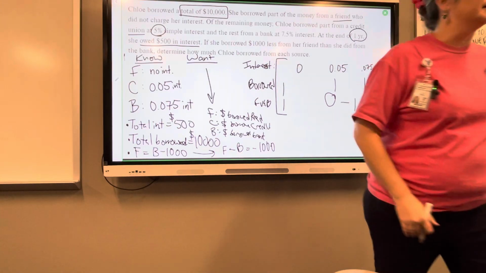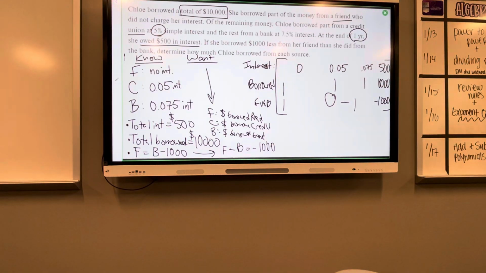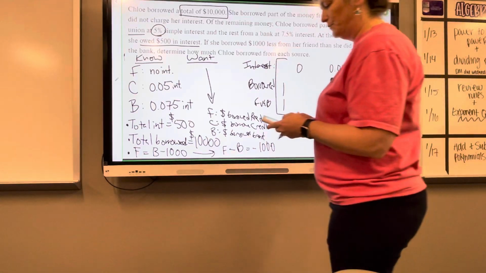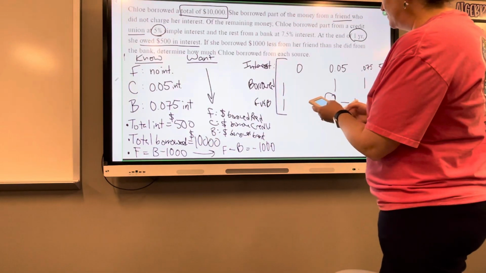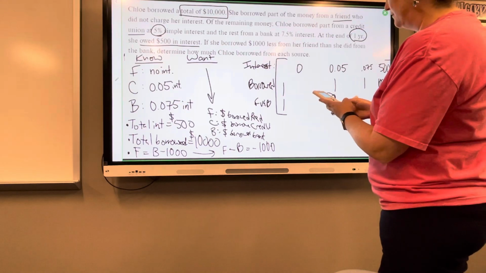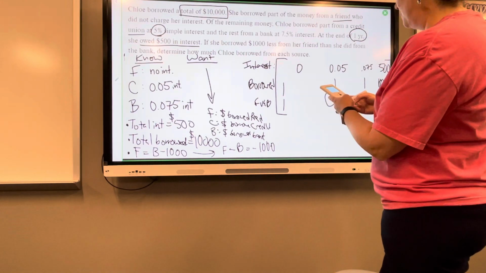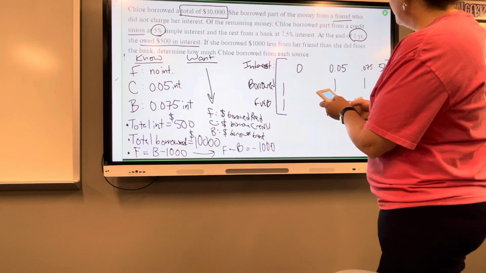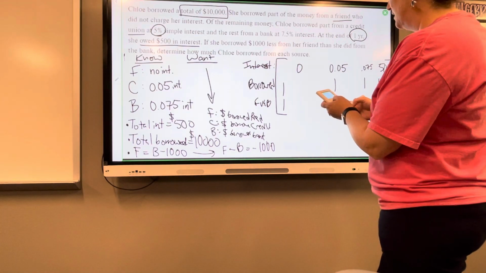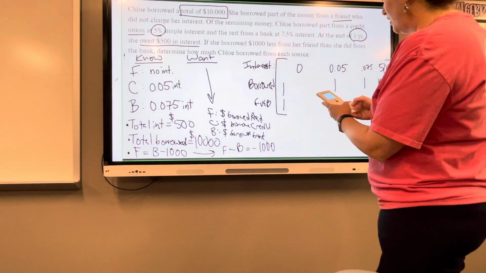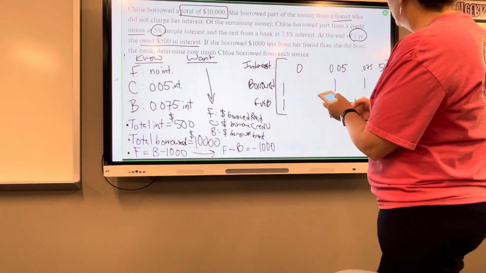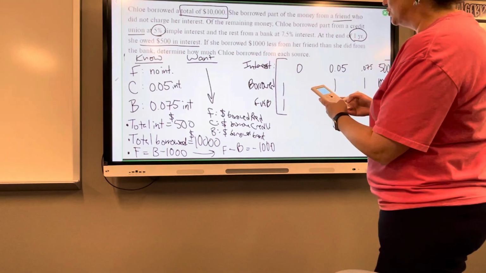Now it's time to get out my calculator, which I left over here. And when I hit shift bracket, I have my matrix: 0, 0.05, 0.075, and 500. That's just the interest. Then 1, 1, 1, 10,000, because that was the total.